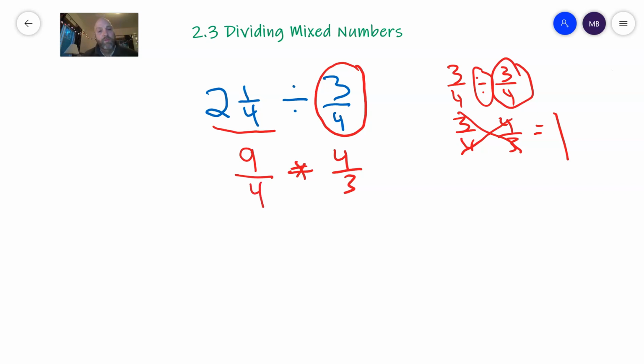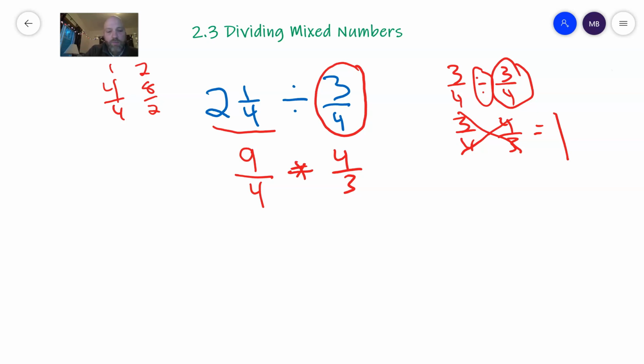We did this in 4th grade and 5th grade. But if you ran into trouble here, I hope you'll understand this. Just like with our pizzas we had a minute ago, you were going to look and see that 4/4 is 1. So 8/4 is 2. So I have here 2, I'm converting into 8/4 plus the 1/4 here equals 9/4.